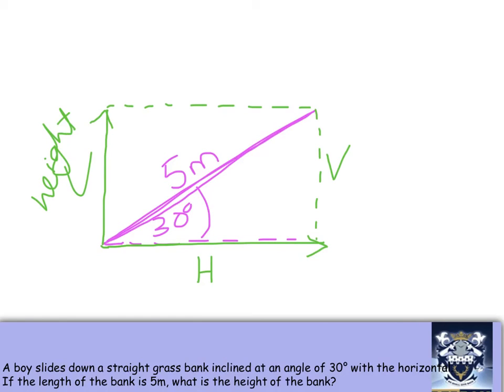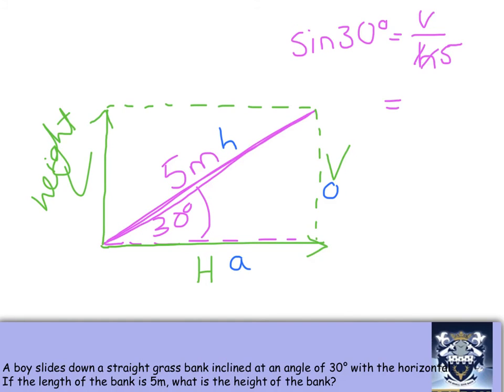I'm only interested in the vertical component. That's my vertical component. So I'm going to label this triangle opposite, adjacent, hypotenuse. And I'm going to say, if I am interested in this height here, then I am going to go opposite and hypotenuse. I use sine. Sine of 30 degrees is equal to my opposite over my hypotenuse, and my hypotenuse is 5 meters long.